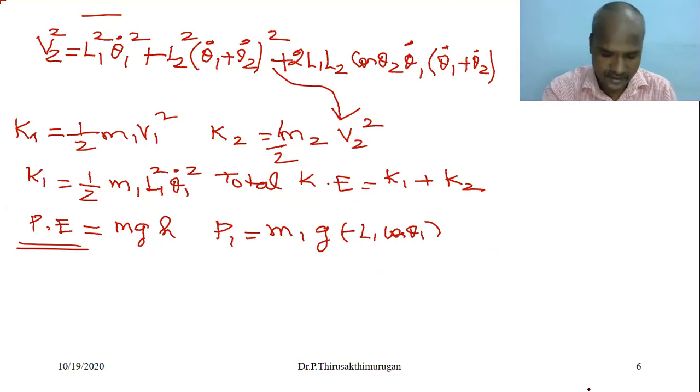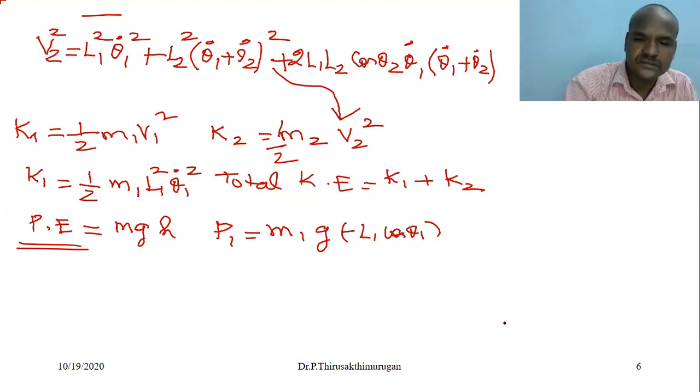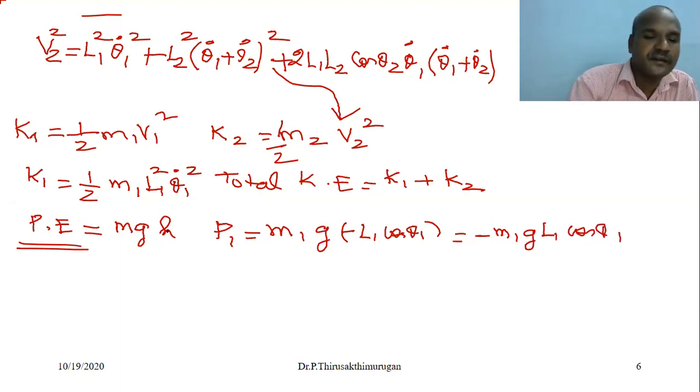So P1 equal to minus M1 G L1 cos theta 1.